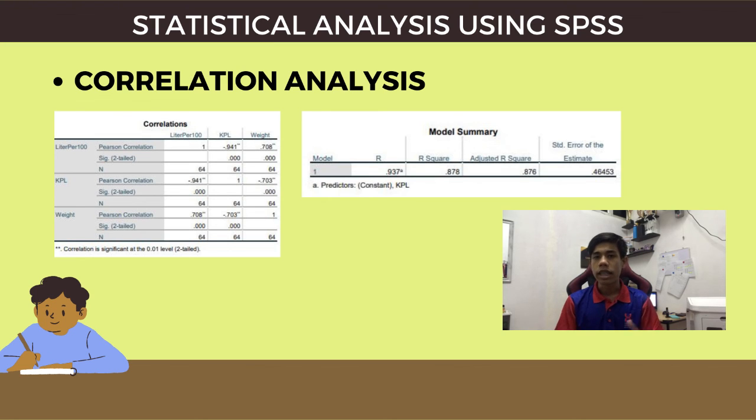So we can see the R values between the liter per 100 and KPL is 0.941, which is greater than 0.5 and near to 1.0. So we are looking into the model summary. The R square value is 0.878, which means 87.8% of the variation. The value of adjusted R square is 0.876, which means 87.6% of the variation.